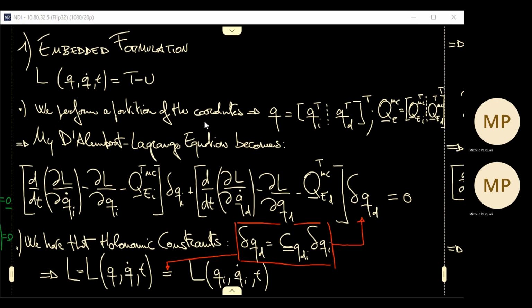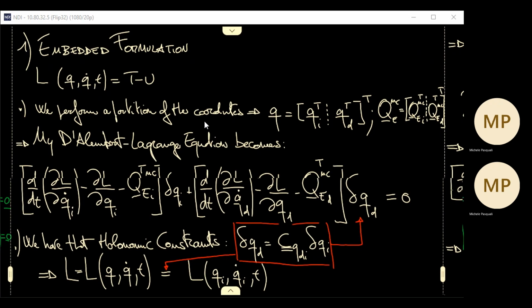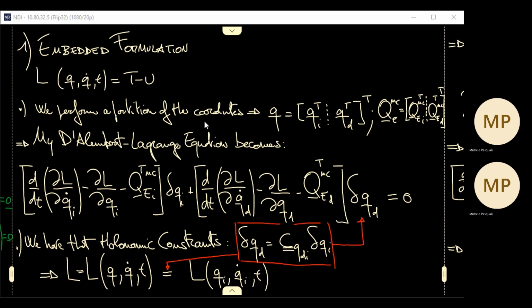We could start it already today, but I prefer to start it on Monday, because otherwise I think we can get confused a little bit, because the formulation of Kane's equation requires a little bit more focus. And so I think it's best to treat it separately and not all together with the embedded and the augmented one.